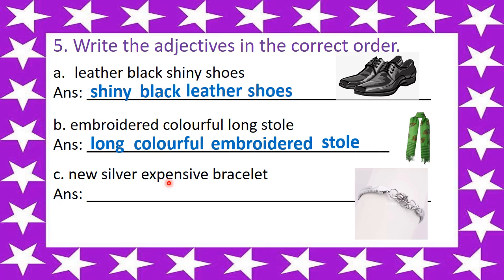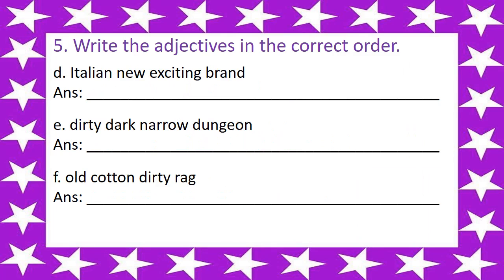So what will be the first one? It will be first expensive, then new, then silver, and then the noun. That is bracelet. So expensive new silver bracelet. Now these 3 questions are for homework. So you have to write the adjectives in the correct order.